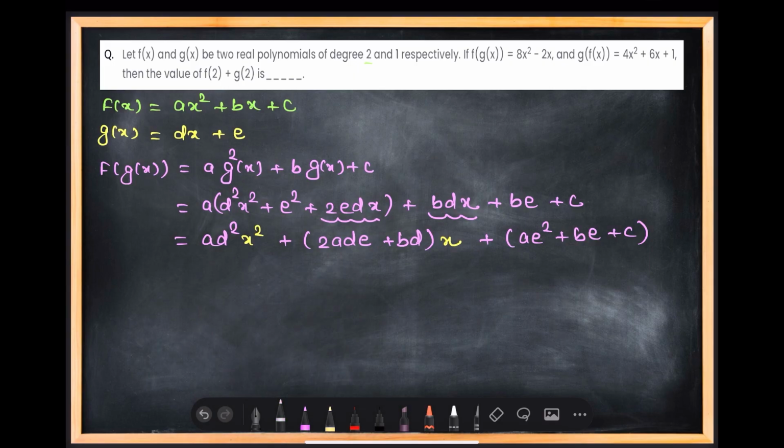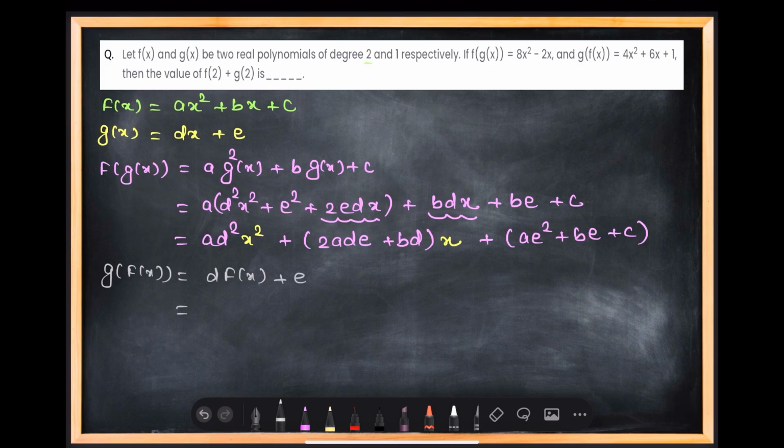Now we will focus on g of f of x. So who is g of f of x? So it is g of f of x. Now we have to replace x of g with f of x. So it is d times f of x plus e.